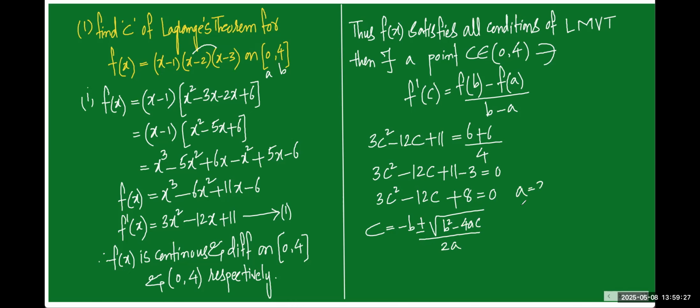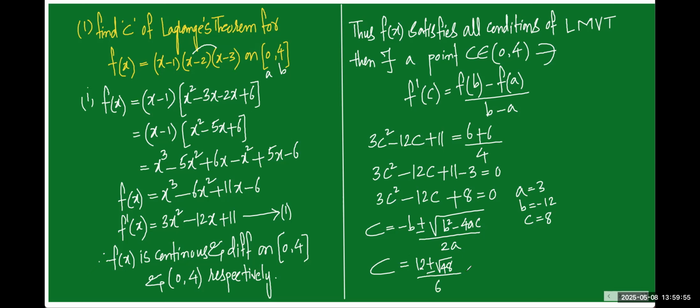This is the basic formula where roots we are not getting, then we are using this formula. Then C is equal to minus B means 12, 12 plus or minus B square is 144 minus 4AC. If you calculate directly, we get 48 by 3 to the 6.